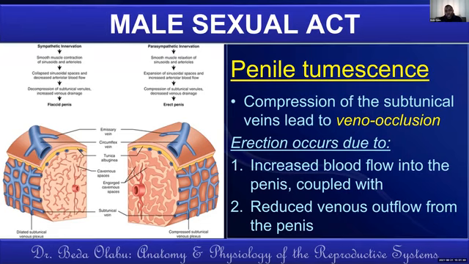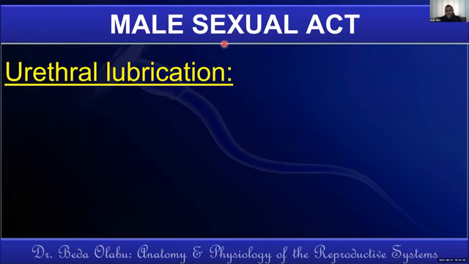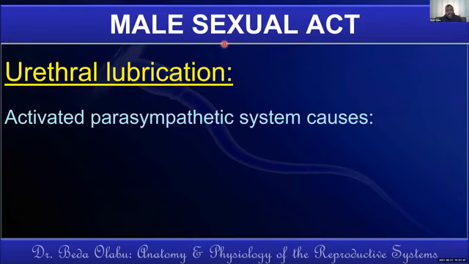The third phase is what we are calling urethral lubrication. This is still under the influence of the parasympathetic division of the nervous system that was activated. But as the stimulus continues, that sexual stimulation that was there is still there, either from thoughts or from the sensations.